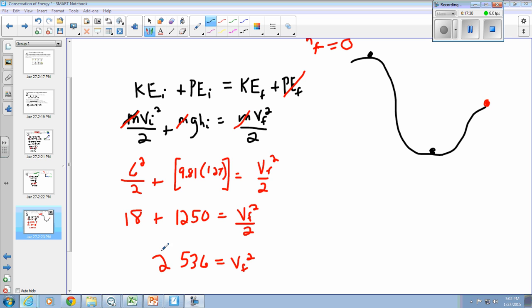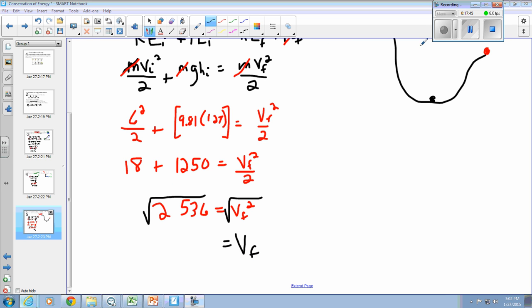Going further in calculations, we've got 2,536 equals Vf squared. That's from the addition of these two and multiplying by the 2. And don't forget to take the square root of both sides to find your final velocity. It's the most common error that I see. And Vf is equal to 50.4 meters per second.